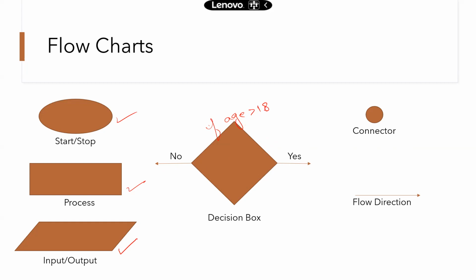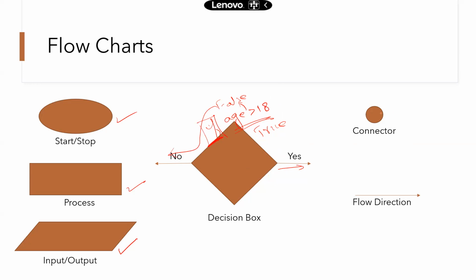If you have an age greater than 18, and this condition comes out to be true, then the flow is going to shift towards the yes. But if the condition is false, then it will flow towards a no. Whenever we use a decision box, we use the if condition, and later on we can see the switch case as well. We're going to follow up with this as we go forward.